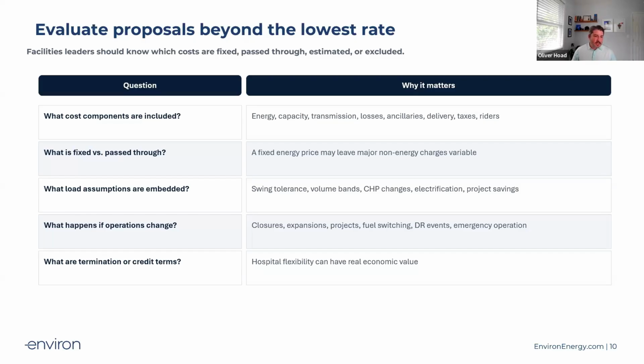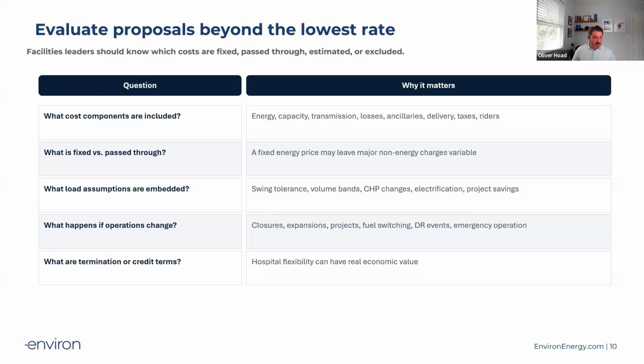Load assumptions. Gas is a little bit more strict as it relates to load assumptions. If you're overhedging or underhedging, you have to either purchase or resell that gas on the spot market. So understanding what that resale value is, as well as if you're putting in CHP or electrification, how that in turn is going to affect your electric or gas budget.